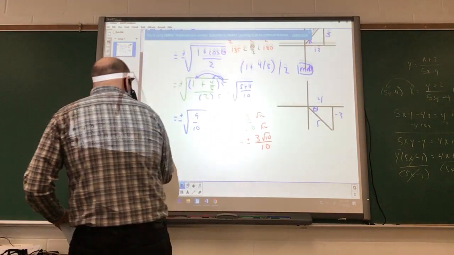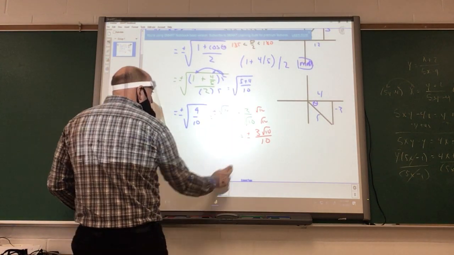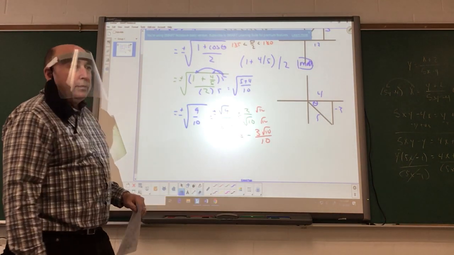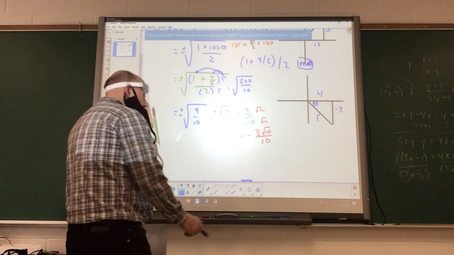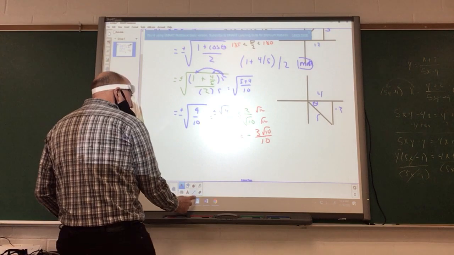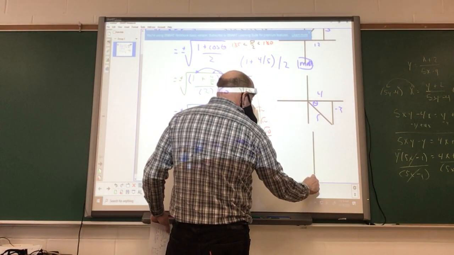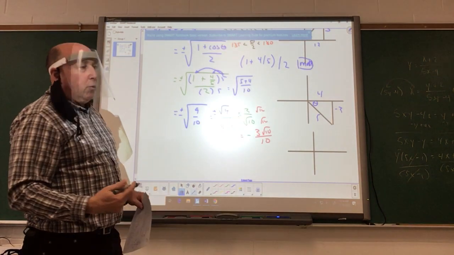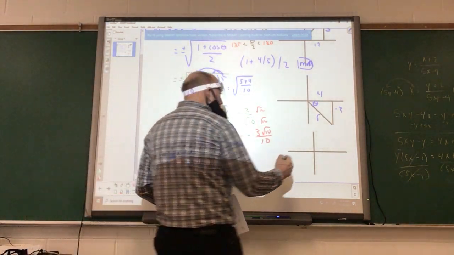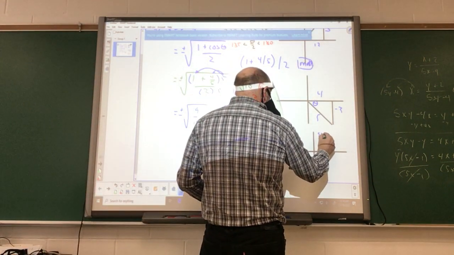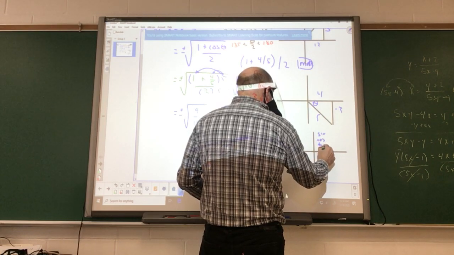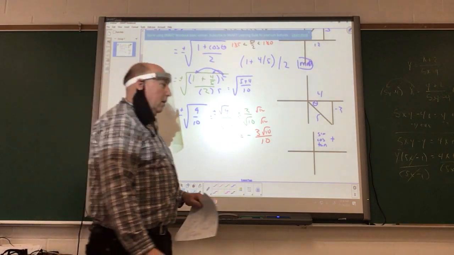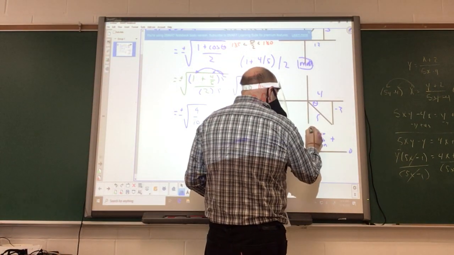So my solution here has to be negative. If you want to remember, sine, cosine, tangent are all going to be positive in quadrant number 1, between 0 and 90 degrees.